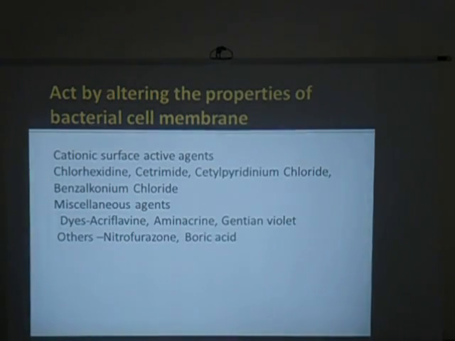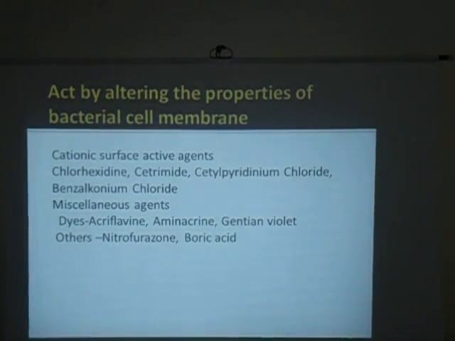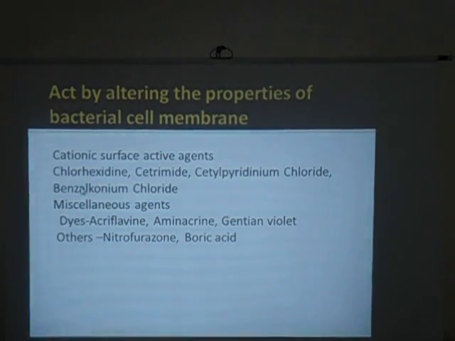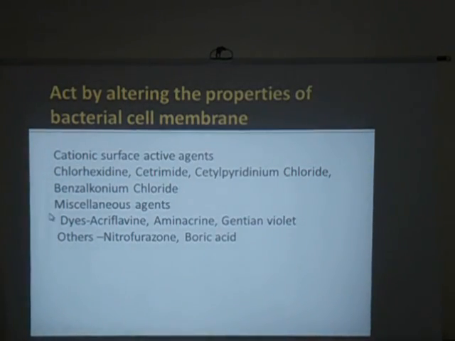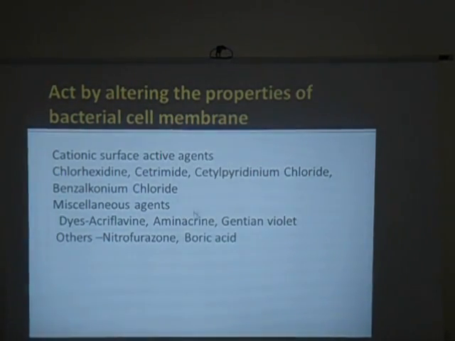Strepsils, Cofsils, okay? They contain this benzalkonium chloride. That means we actually consume it at very low concentration. Okay? So they help in throat infections, throat pain and all. We should see out of curiosity what Strepsils contains. Other than sugar, because they are sweet, they also contain something like benzalkonium chloride.